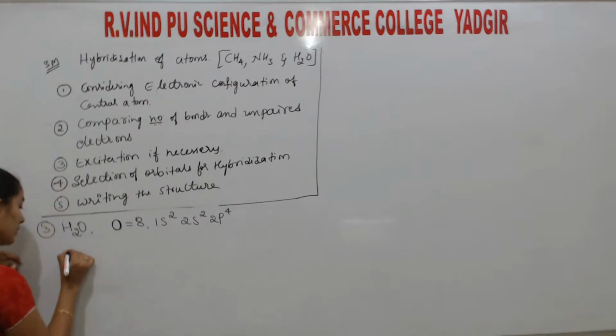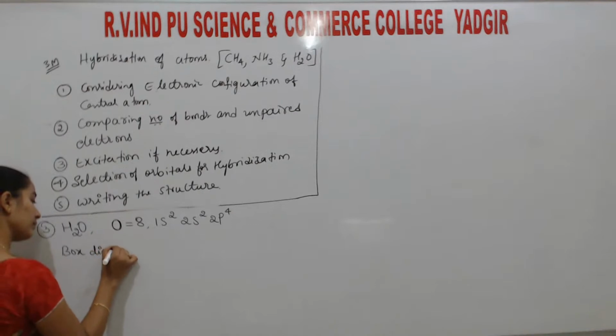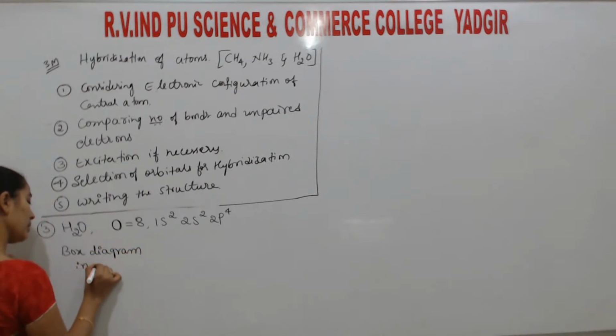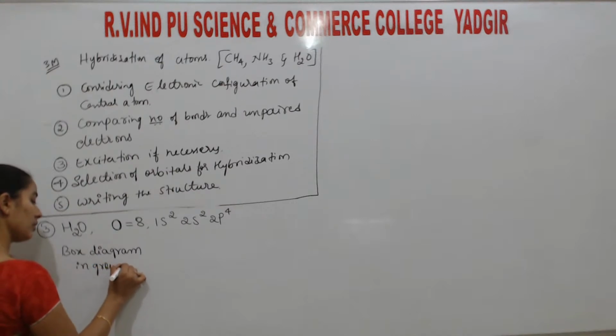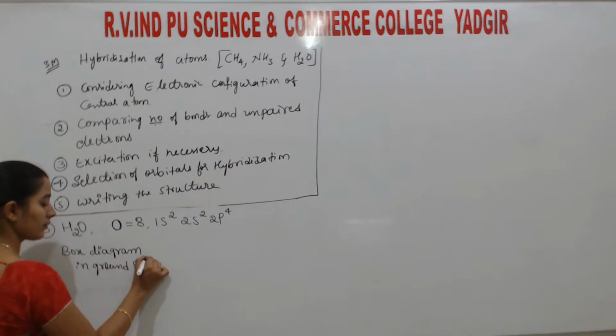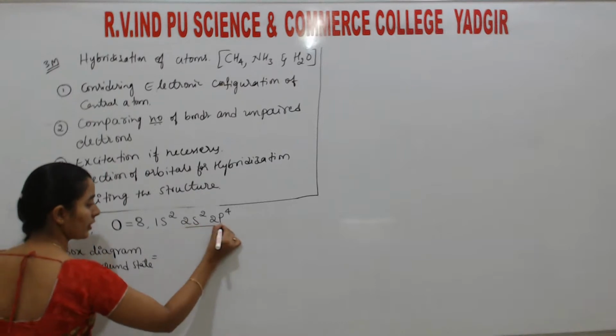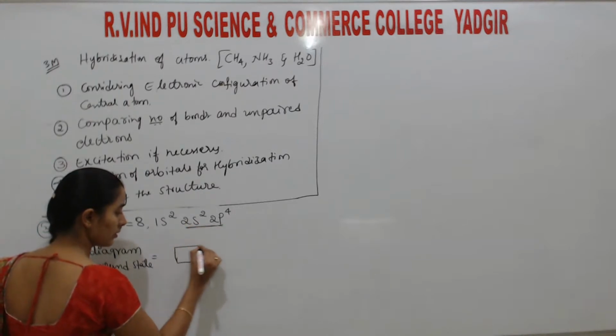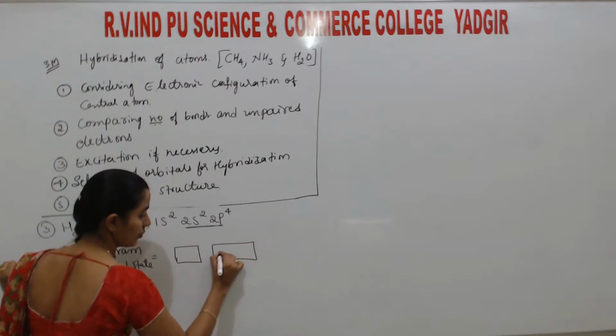The next step is the box diagram in the ground state. As I told you, we are considering only valence electrons. This is 2s, this is 2p.